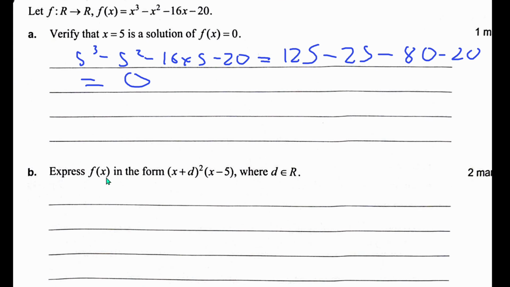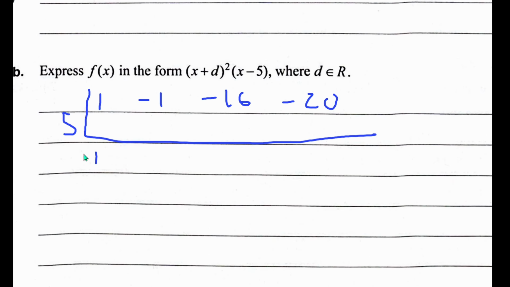Express f of x in the form. Let's use synthetic division. So 1, -1, -16, -20, 5. 1, 4, 4, 20, 0. So we have x minus 5 bracket.